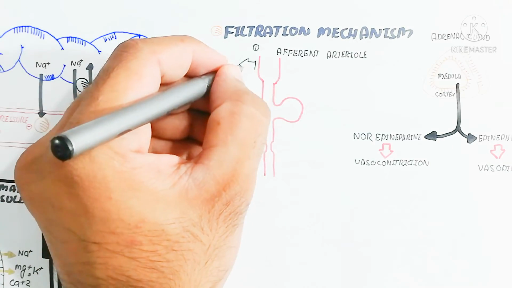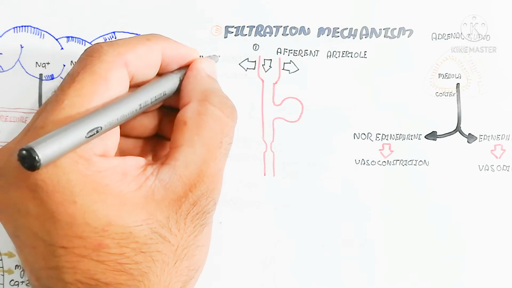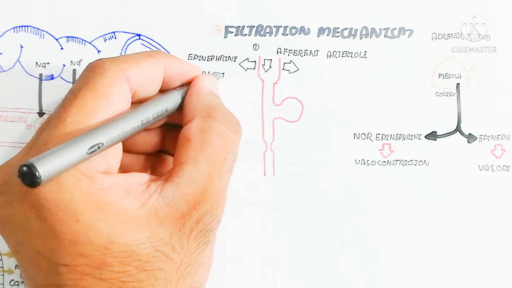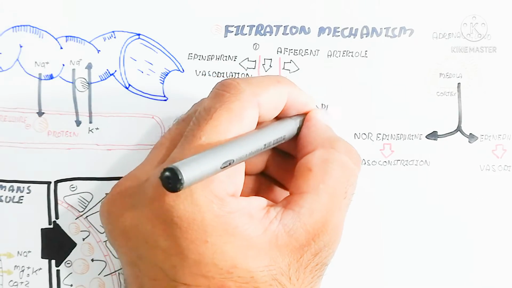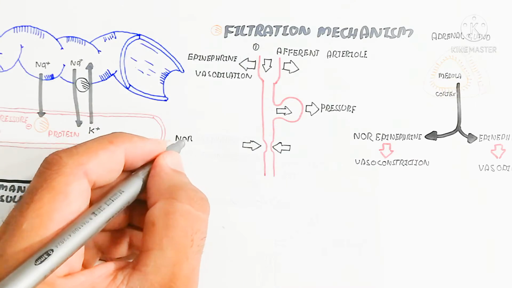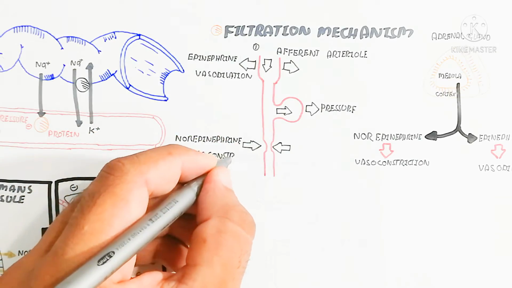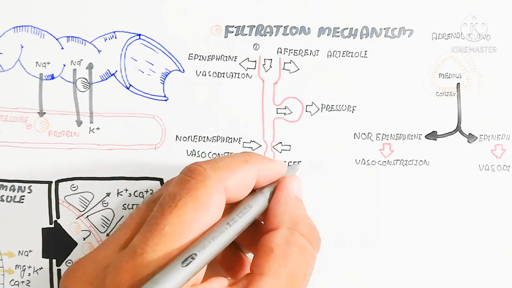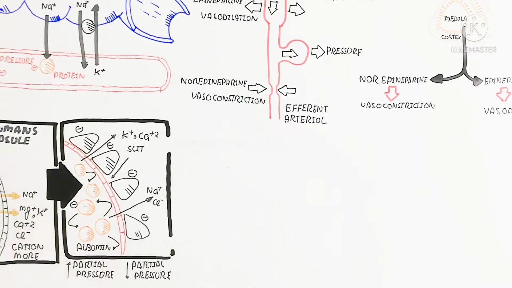So vasodilation will occur, and more blood moves into the glomerulus. After the movement through the glomerulus, there is constriction of the efferent arteriole, while vasodilation occurs of the efferent arteriole. So the flow in the efferent arteriole will be delayed, and that gives the chance for reabsorption.